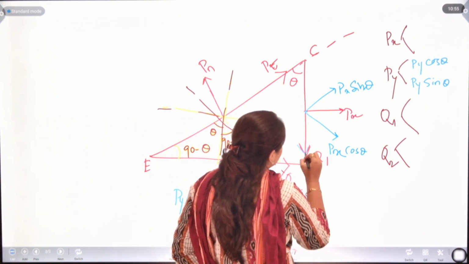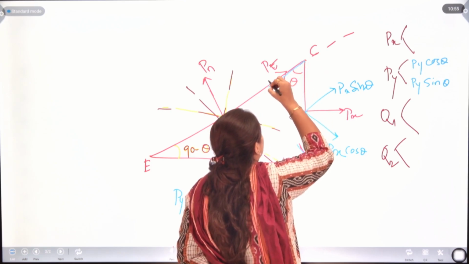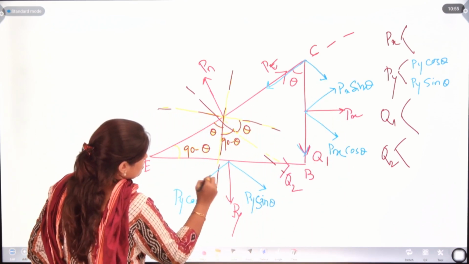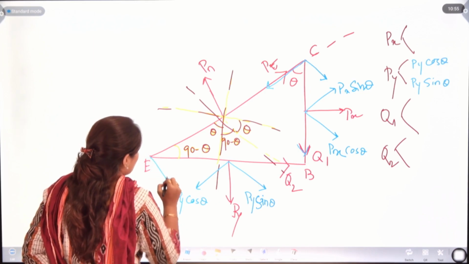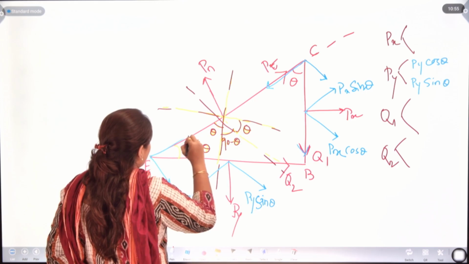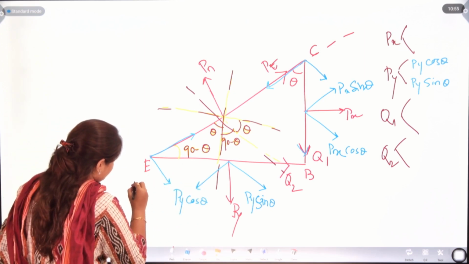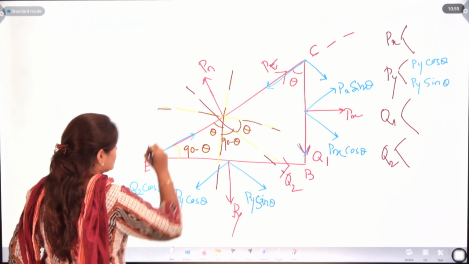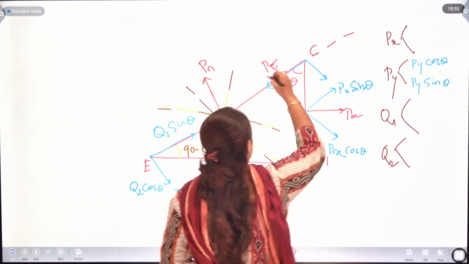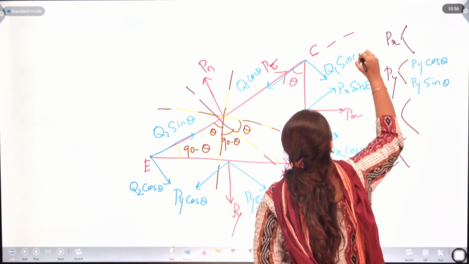Now, components for Q1 and Q2. For Q2, we will have Q2 cos theta and here Q2 sin theta.